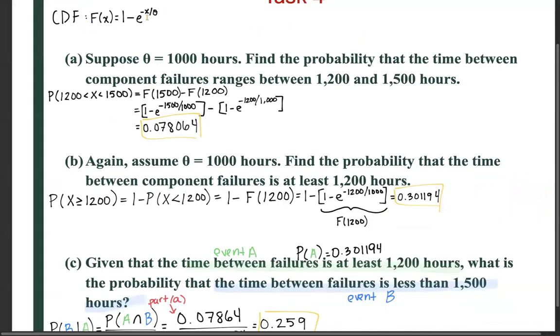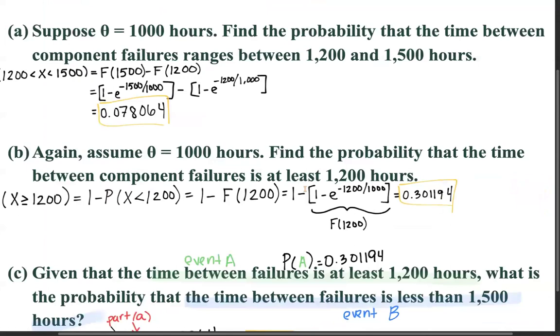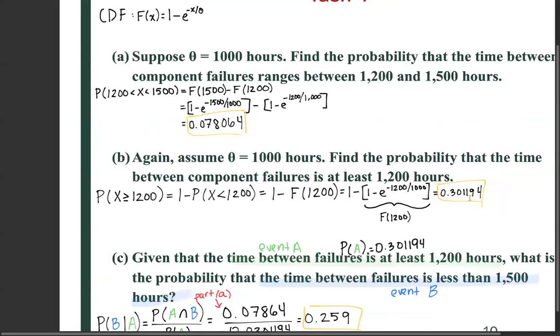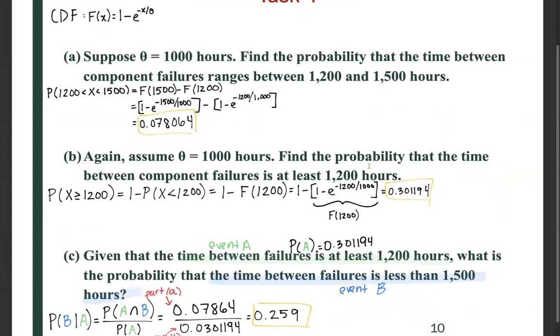The cumulative distribution function is 1 minus e to the negative 1,200, since this is our x, divided by 1,000, which is our theta. So 1 minus F(1,200) equals 0.301194. That's the probability that the time between component failures is at least 1,200 hours.